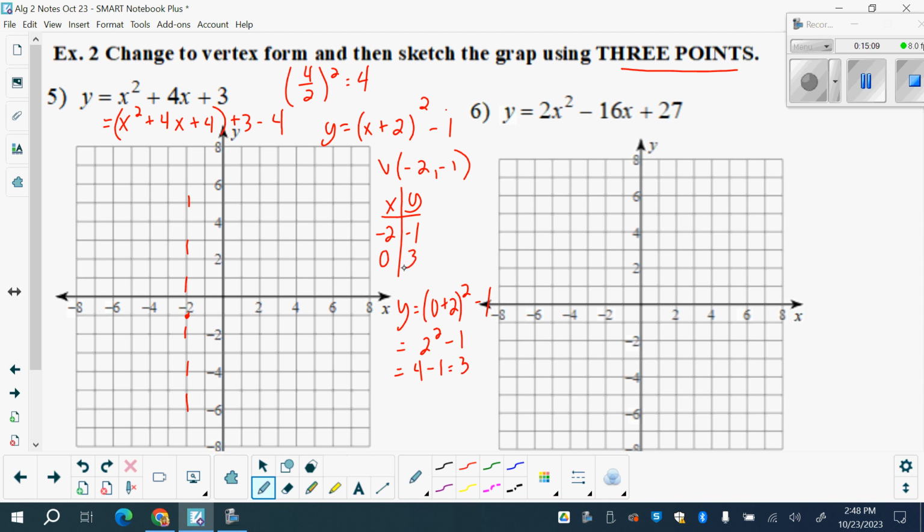And so we get 0, 3. Kylie, do you know how we find our third point? That's right. We want to reflect it over the line. So we go 2 to the right. So we're going to go 1, 2 to the left. And so my graph looks like that.